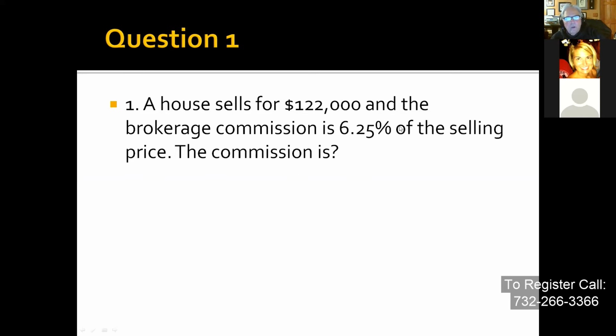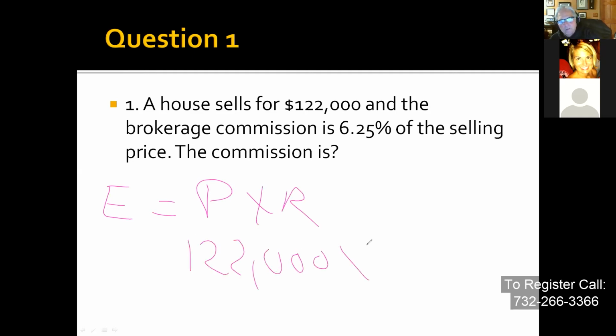So this is an easy one, right? How much is the commission? Earnings is equal to price times rate. So 122,000. The question here is, how do you write 6 1/4? Well, you're going to write it as 0.0625.